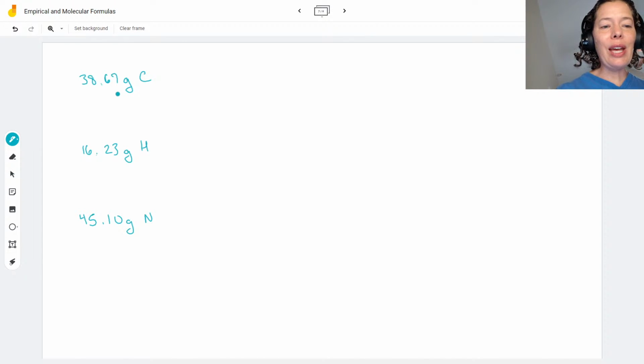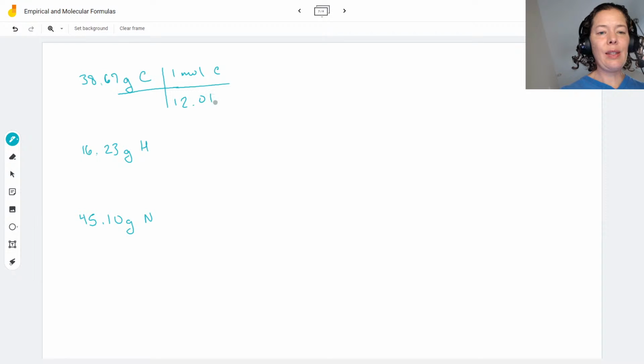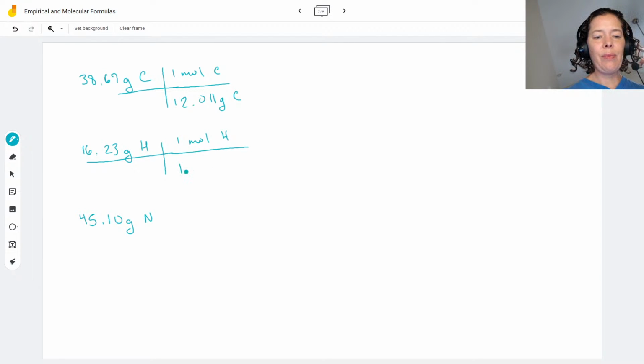All right, so let's go ahead and convert these grams into moles. And we'll just do the same thing with all of these, and then I will actually show the calculation here. And last but not least, we'll do nitrogen.